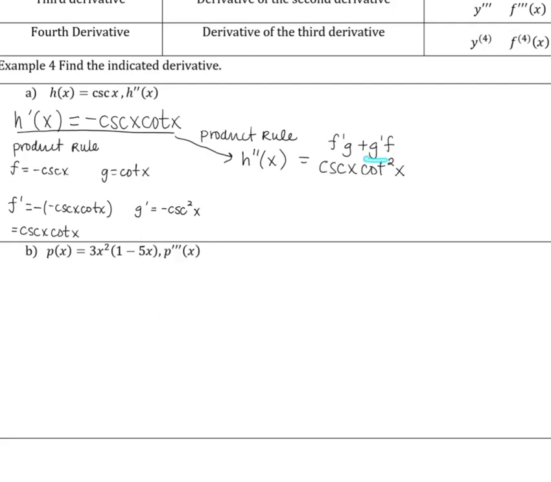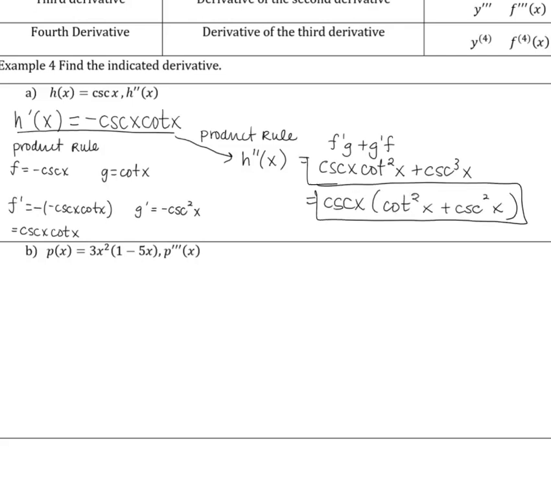Then we will multiply g prime by f, which will give us a positive, because we have two negatives here, a positive cosecant cubed x. The last thing I will do is I could write this expression by factoring out the GCF of cosecant x and being left with this expression.